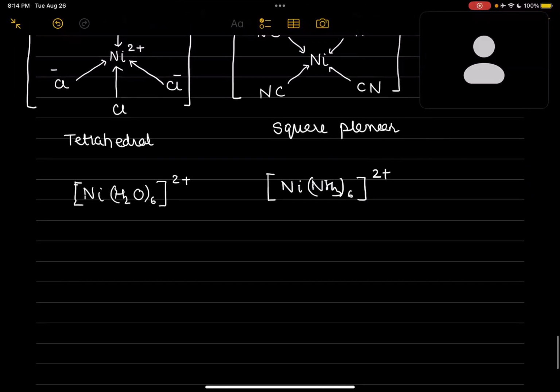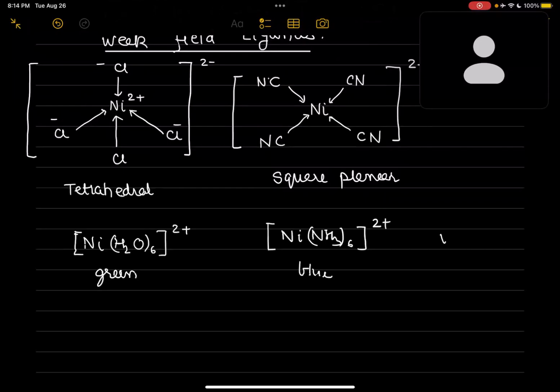The color is green and blue. So why is the same nickel forming a green colored compound with water, and why is it forming a blue colored compound with ammonia? What's the reason? VBT doesn't have any answer.